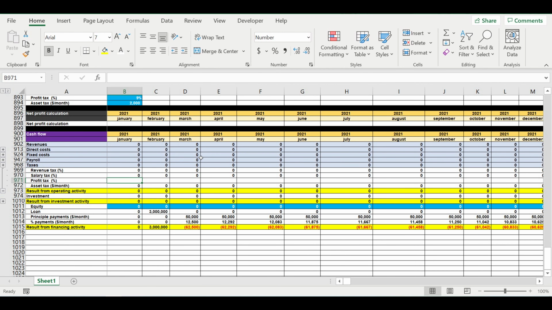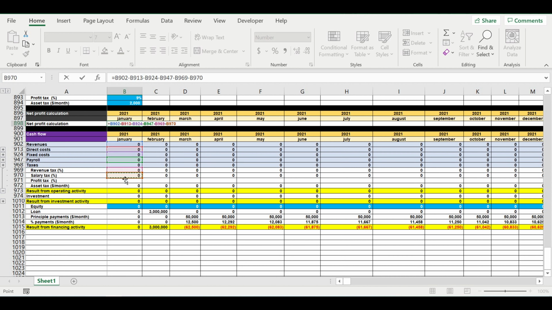And now it's time for us to calculate the net profit. What we will do now is take this minus this minus this, this minus this minus this minus asset tax minus principal minus interest.